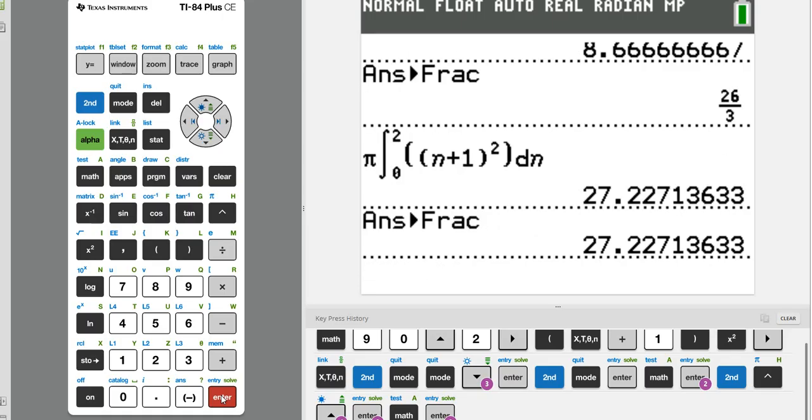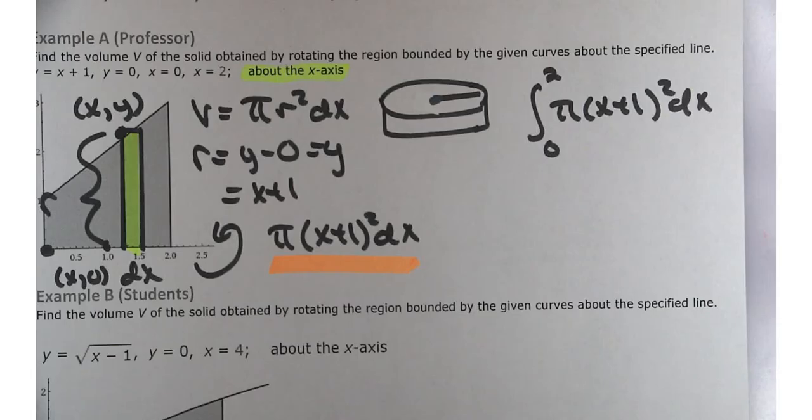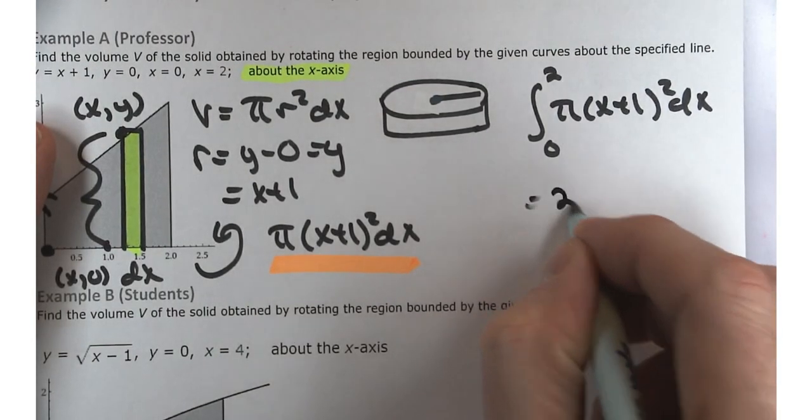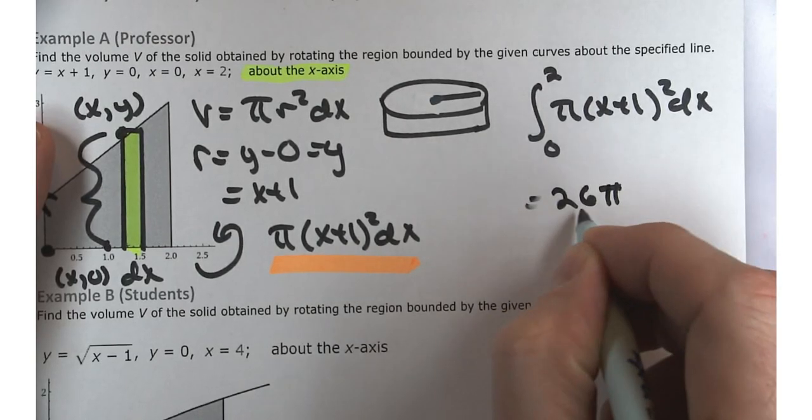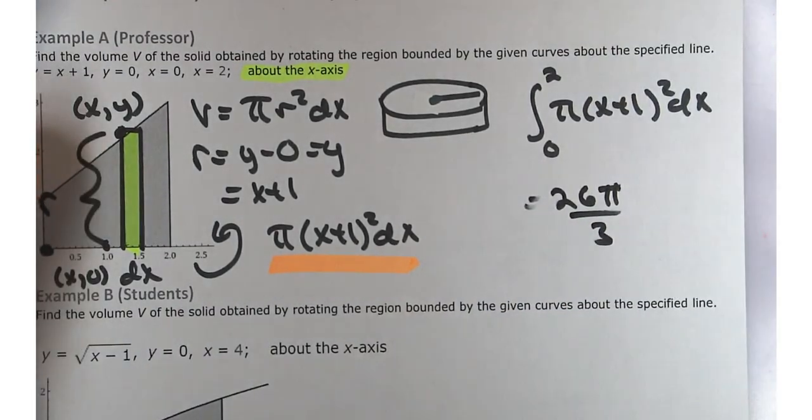Pi is not a rational number. So what we'll do is we'll just add the pi after we figure out the rest. Yeah, so that way we get the nice exact answer. So 26 pi over 3 is what I'd be looking for. 26 pi over 3. Great.